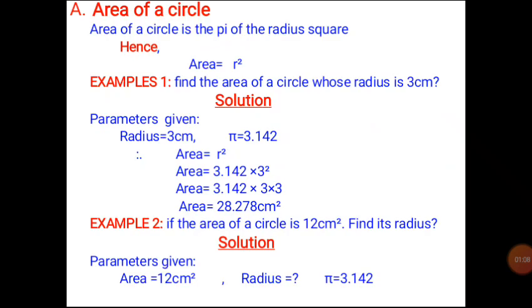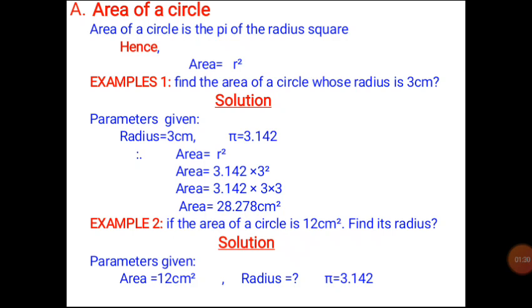Now, to start with, we have the area of a circle. In our previous lesson, we discussed the perimeter, the circumference of a circle, and other shapes, but today we are looking into the area of a circle. Now, area of a circle is pi times the radius squared.